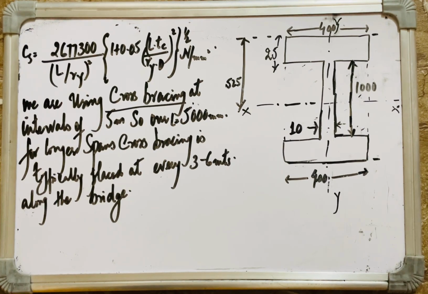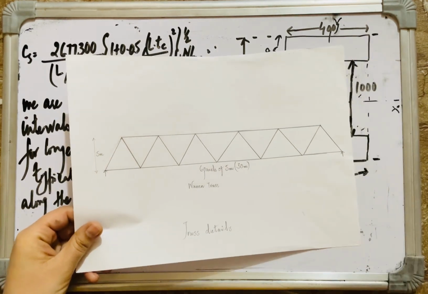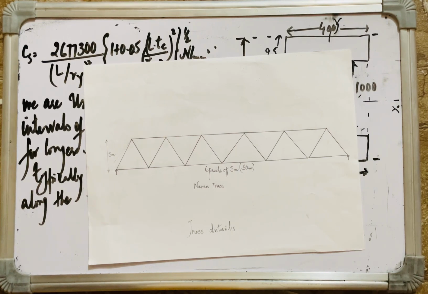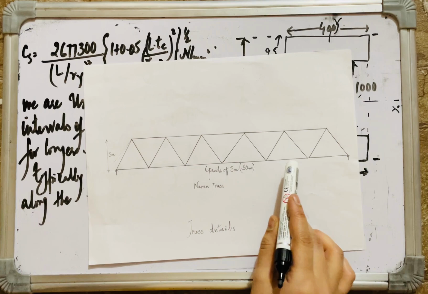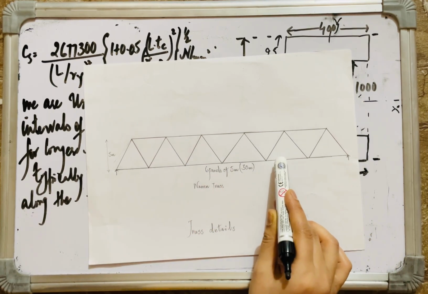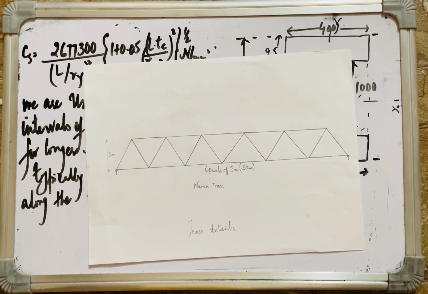Now let's see the diagram. This is the diagram of my Warren truss type steel truss bridge, which has 6 panels of 5 meters each. 1, 2, 3, 4, 5, and 6. The panel points are at every 5 meters.